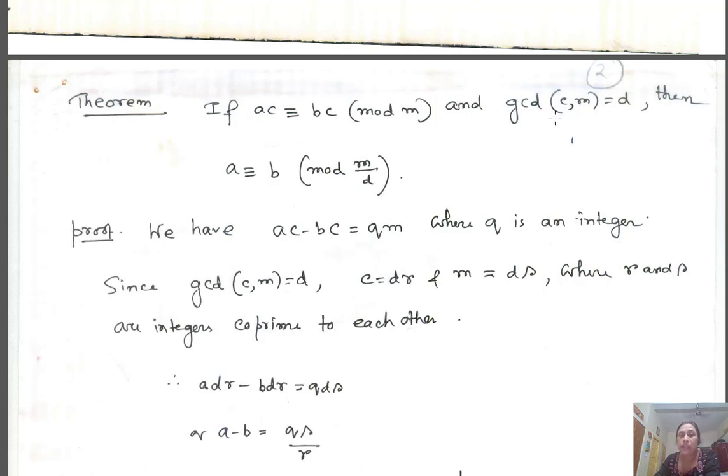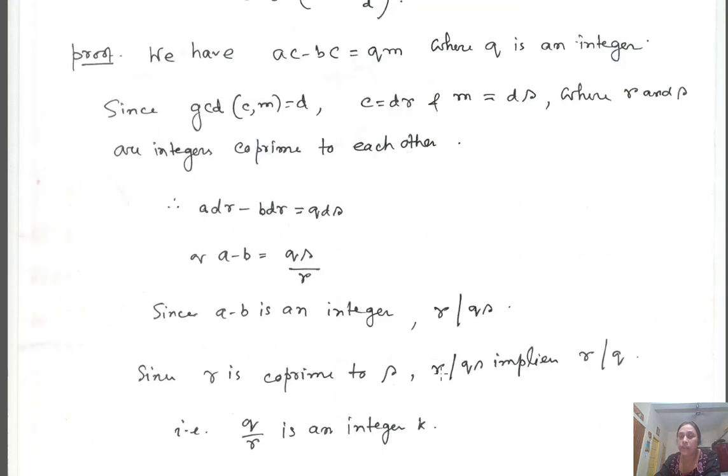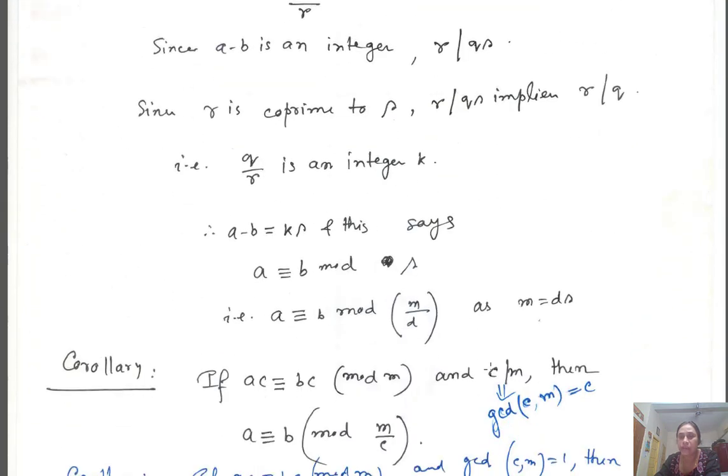For example, suppose the GCD of c and m equals c, that means c divides m. So ac is congruent to bc modulo m, and c divides m, so the GCD of c and m is c.